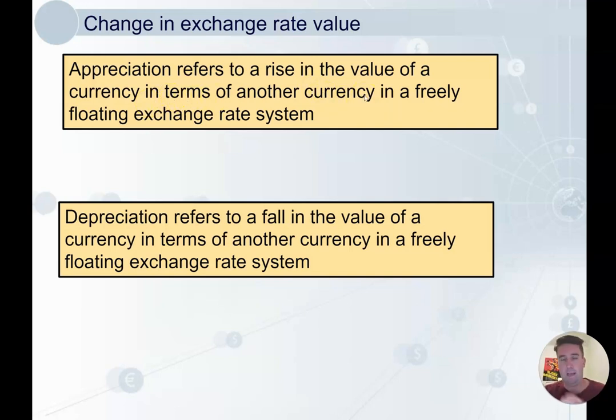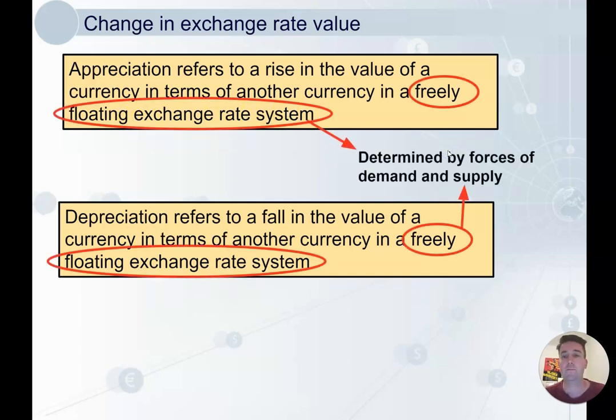So it has to be expressed in terms of another currency. I've said that a couple of times. And in a freely floating exchange rate system. Right? That will be important later on in year 12. What that means is it's just determined by the forces of demand and supply. Freely floating exchange rate system. The government isn't involved, right?